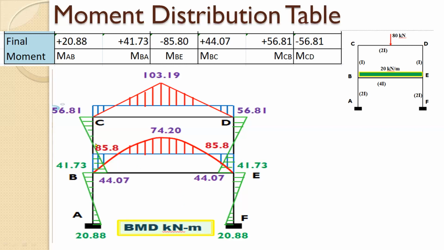When you draw the bending moment of columns and of beams on the same diagram, then at the joint there will be a lot of overlapping. To avoid that, whenever there is a multi-story frame, we prefer to draw the bending moment diagram of columns on a separate diagram and the bending moment diagram of beams on a separate diagram.